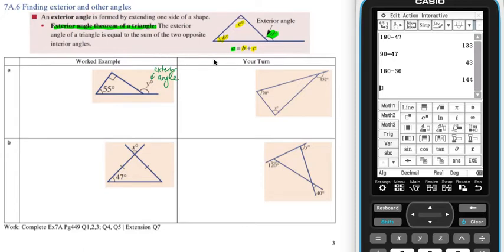The equation we use for this is A is equal to B plus C. So let's write that out now. A is equal to B plus C. Now, not to be confused with Pythagoras theorem. So A is our exterior angle. And you might see here we use the same letter. In this case, our A, see how they match up, is now known as a Y. So instead of writing A, we're going to write Y.